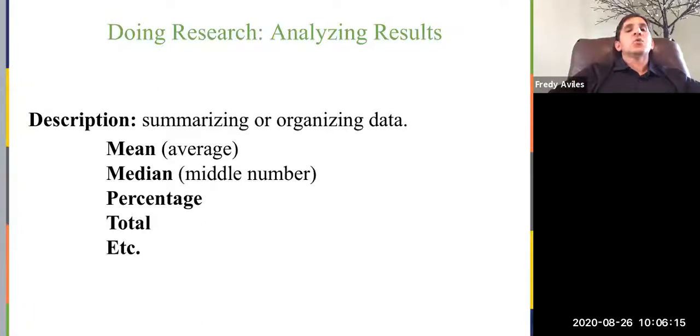Okay, so one thing we can do is look at the average. What is the average amount of aggression that we saw in our participants? What is the average age of participants? Or what is the average level of intoxication? All those things. Or if we ask participants, let's say in a survey, how many alcoholic drinks do you consume on a given day?